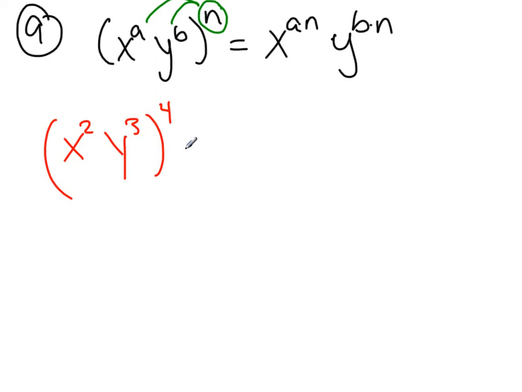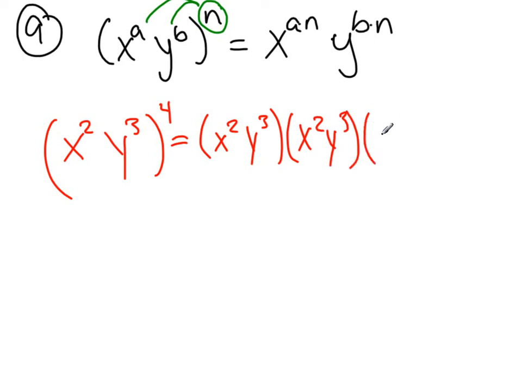So if we wanted to write out what this really means, we have x squared, y cubed times x squared, y cubed, and repeat that 4 times, and the last one, x squared, y cubed. Now, all of this is multiplication, so it doesn't matter what order we multiply in.